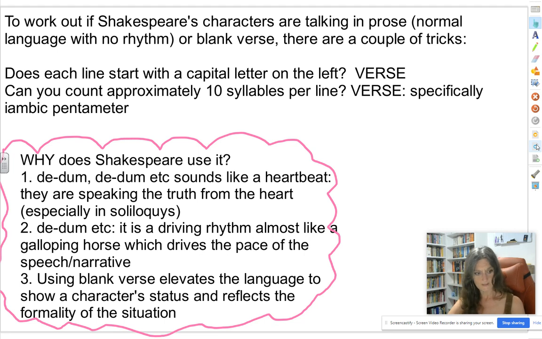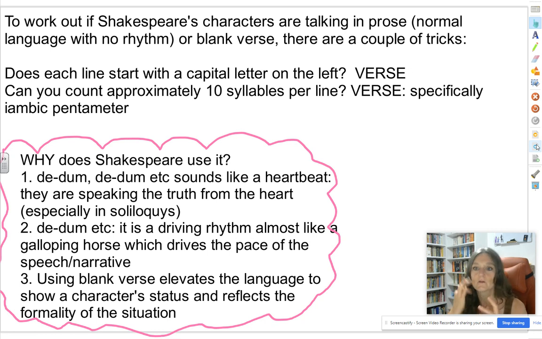The third reason why Shakespeare and other Renaissance writers used blank verse is because it has the effect of elevating the language, and it can show a character's status and reflects the formality of the situation.